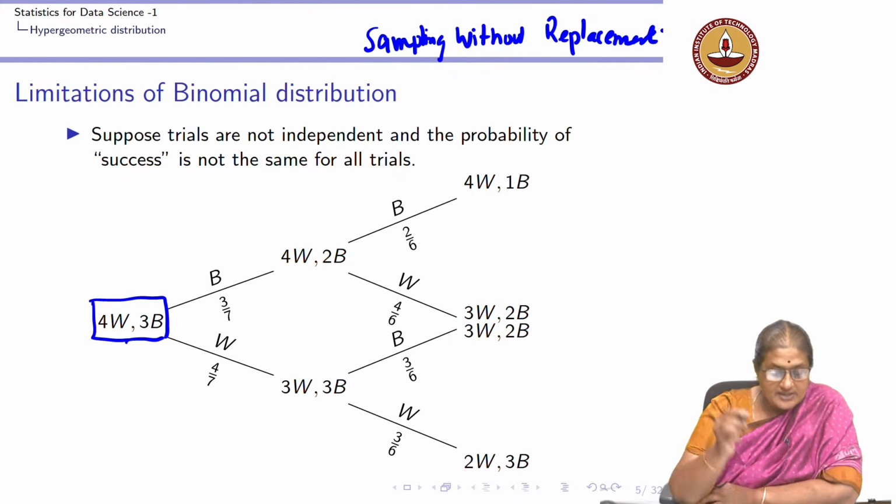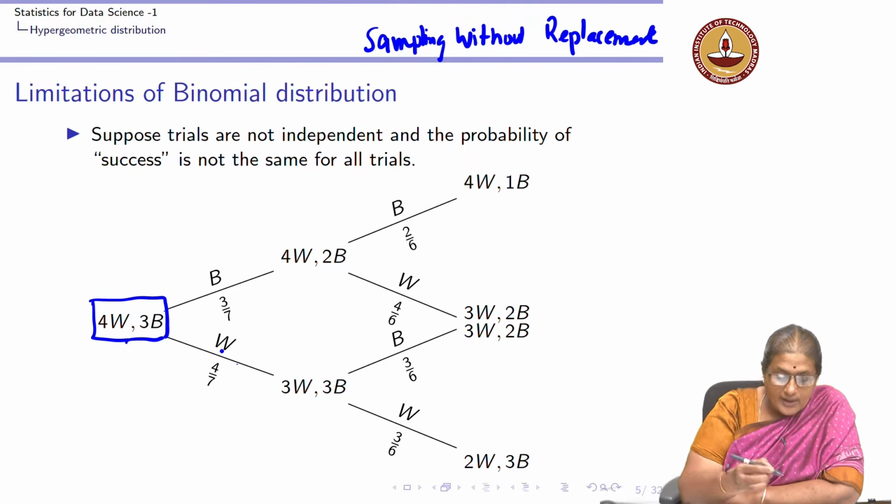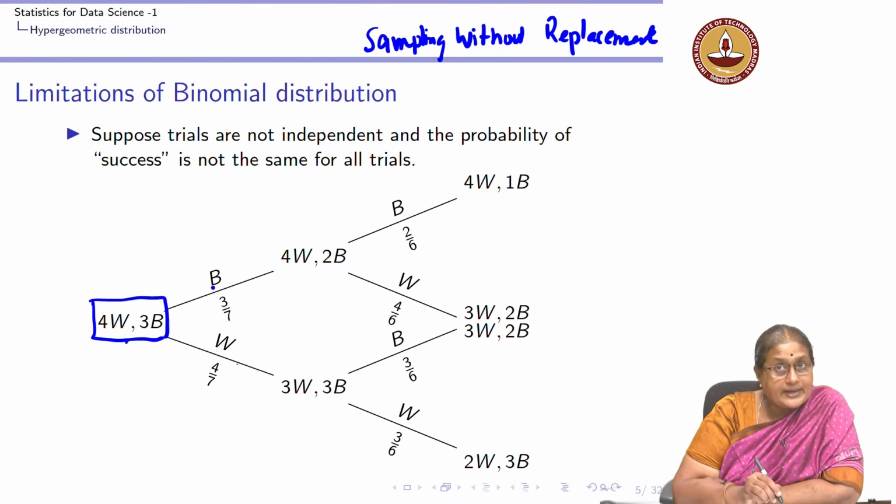What do we mean by this? In the first trial, I can either draw a black ball or a white ball. There are 7 balls. So, the chance of me getting a black ball is 3 out of 7. The chance of me getting a white ball is 4 out of 7.